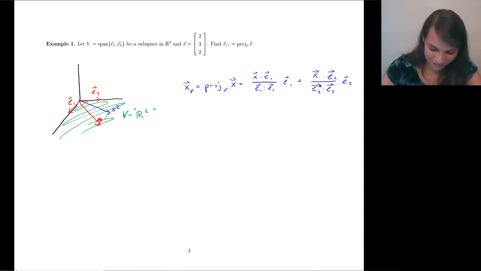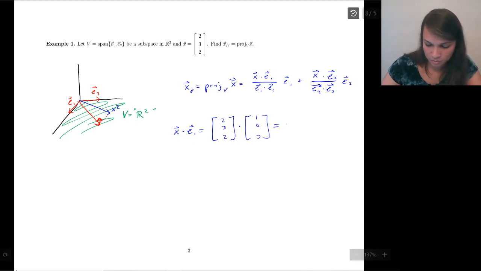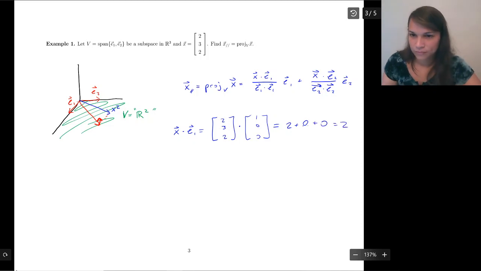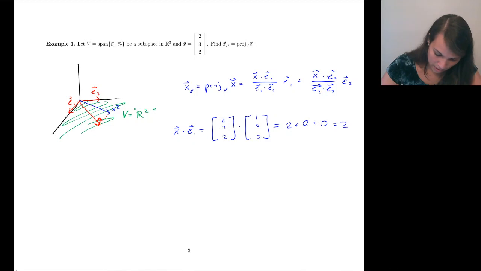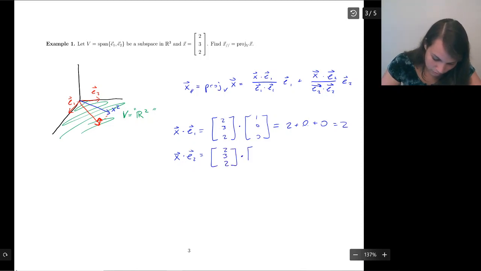Okay, let's do x dot E1 first. So that would be (2, 3, 2) dot (1, 0, 0). So hopefully you can say, oh, we would have 2 times 1 is 2, and then plus a 0 plus a 0. So it's just 2. So that's good.